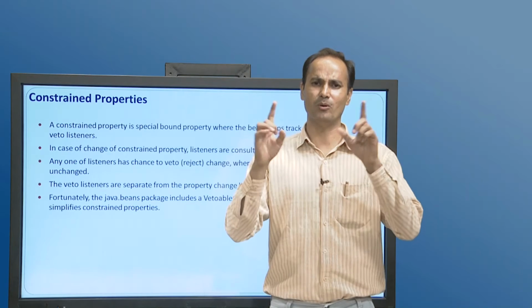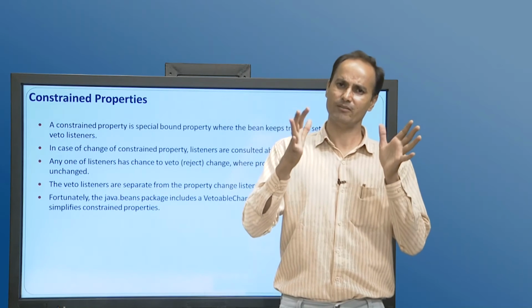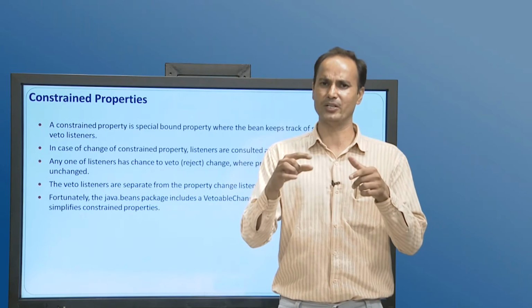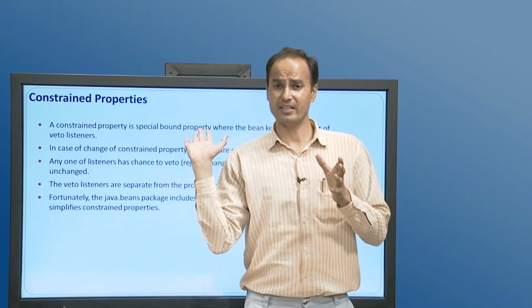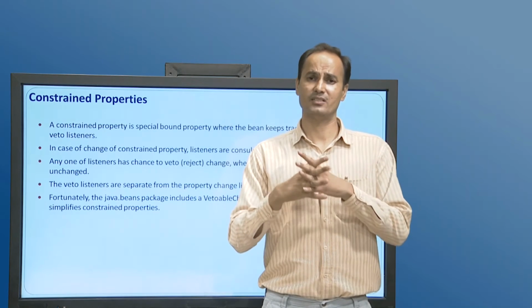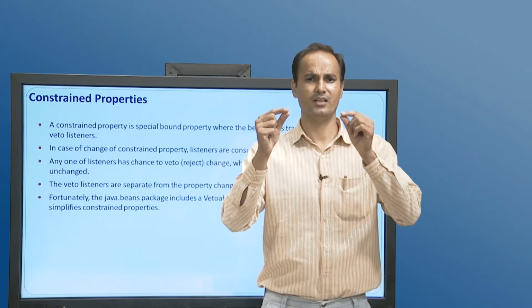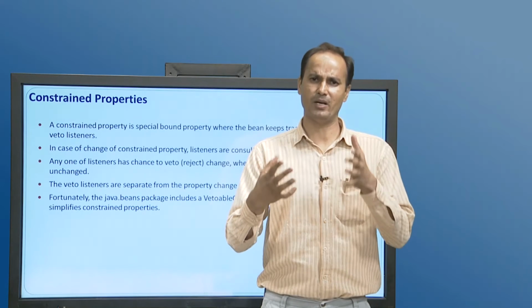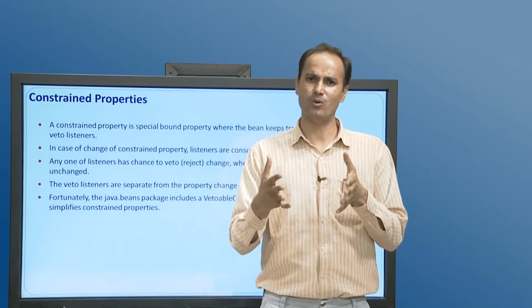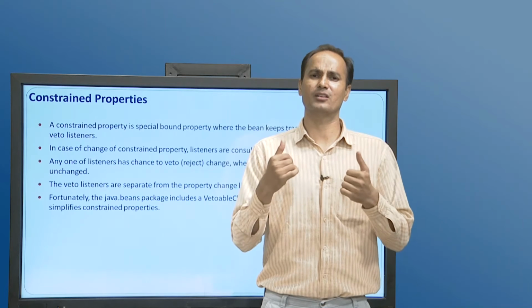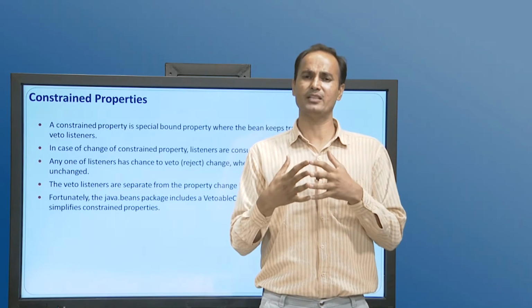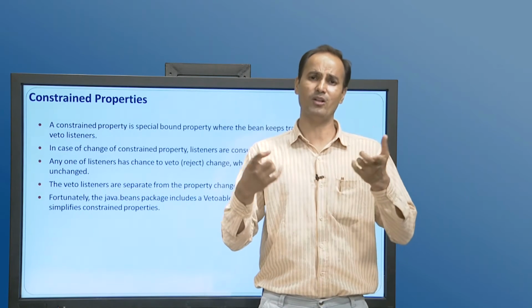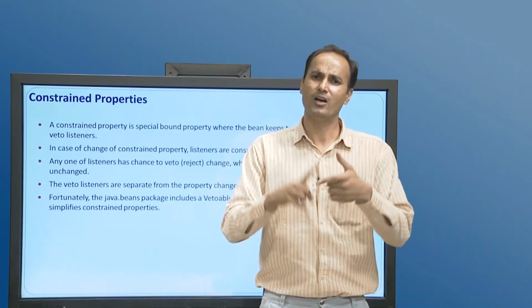Suppose one component is there and it is bound with a particular listener in a bound property. Now, under a constraint property, one object is supposed to change a property of an object. All the registered listeners who want to know when the property is going to change will register with a particular object.